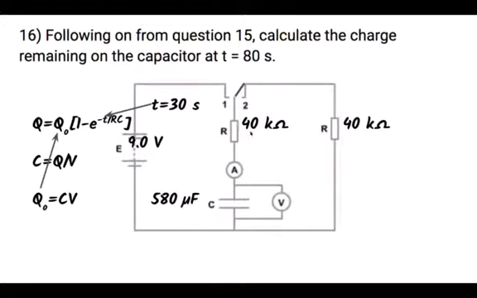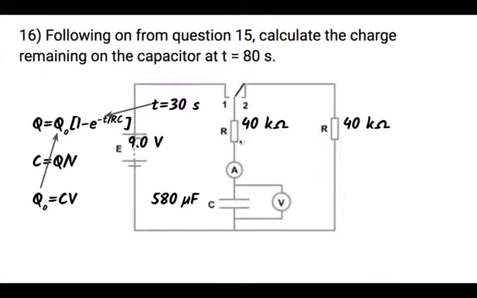At time t equals 30, the switch moves from position 1 to position 2, and then we're going to start discharging through 2 resistors with our starting charge on the capacitor, whatever charge it got to in the first 30 seconds. Jesus, this question is so hard.